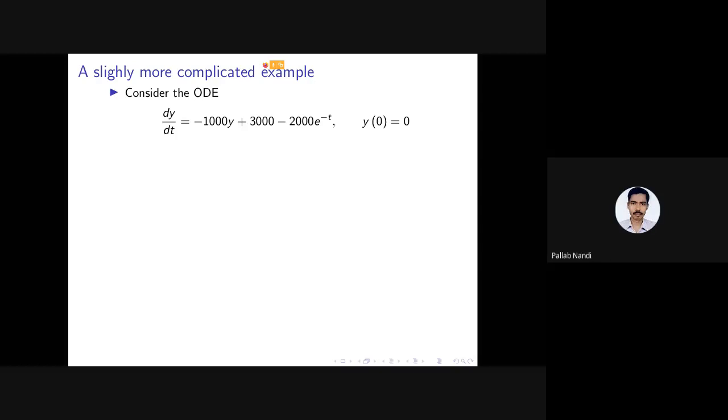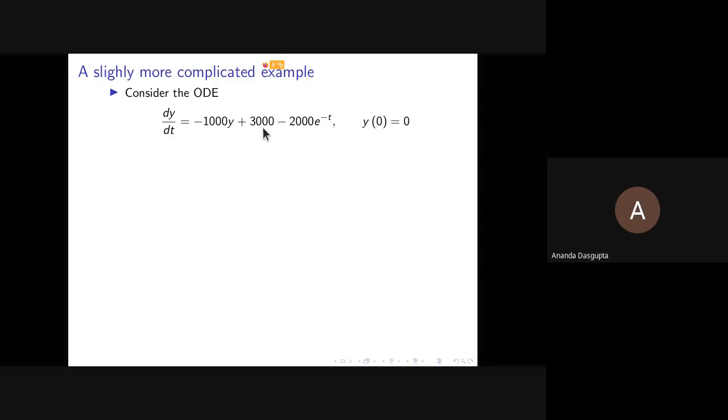So for large values of t, the e to the power minus t term dies out. If you just forget about this term, this would really have given you a linear equation of the same kind as before, except for this additional plus 3000.